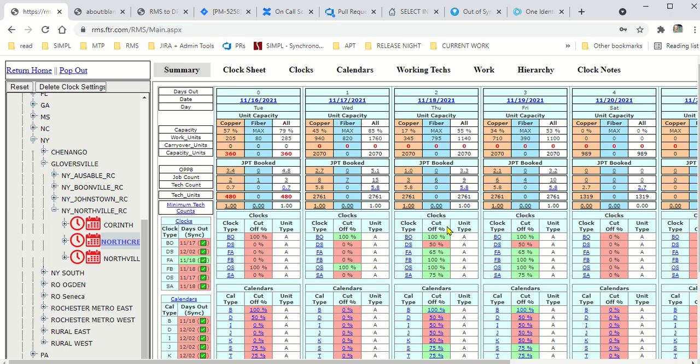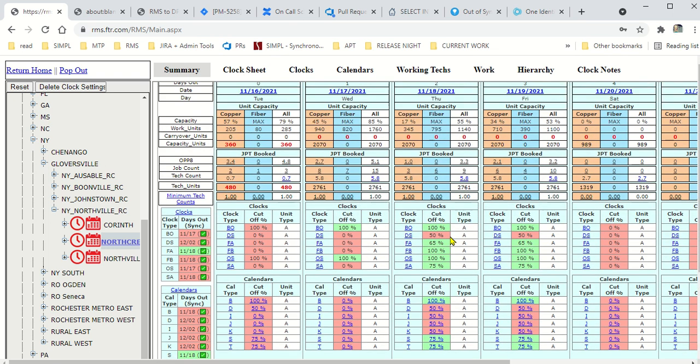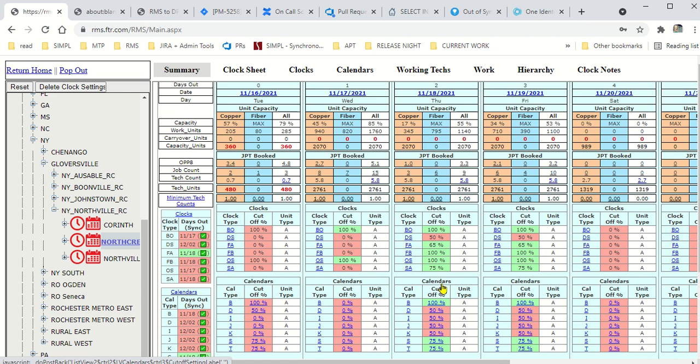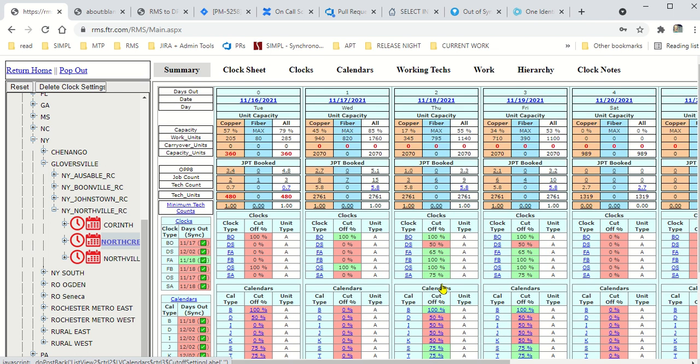Do you know offhand if max represents 100% or if it's like the largest of these two? Oh, I see. Right. Okay.